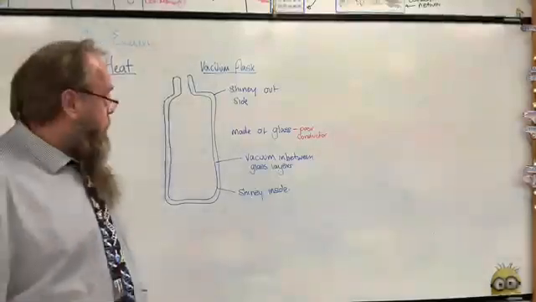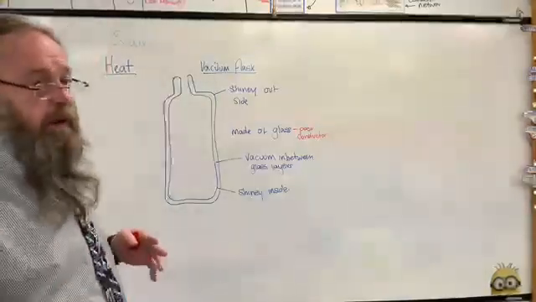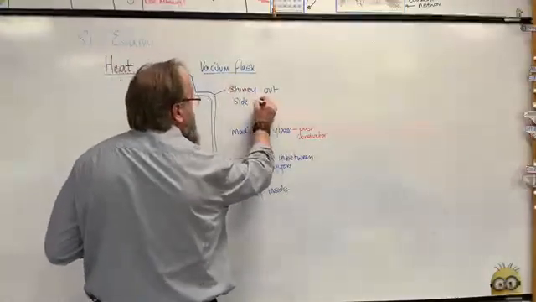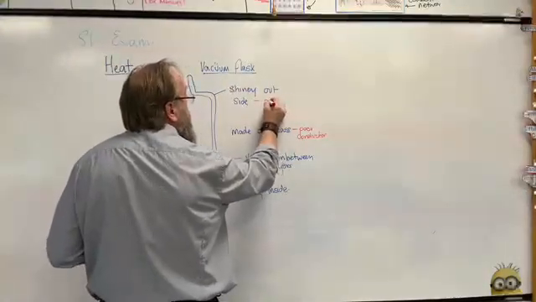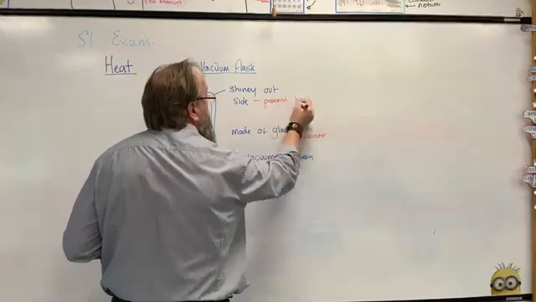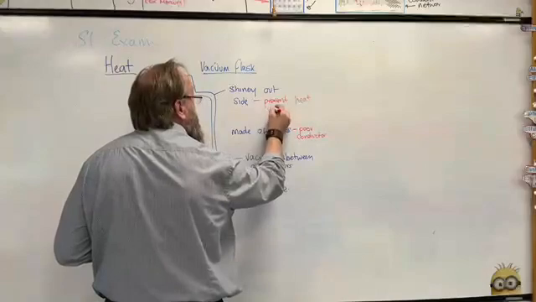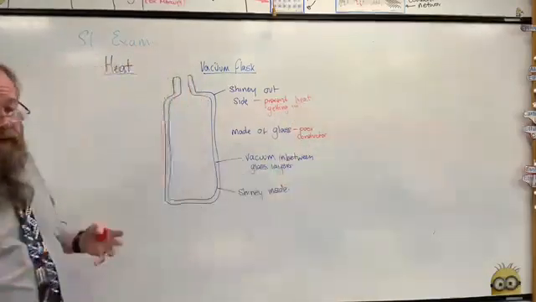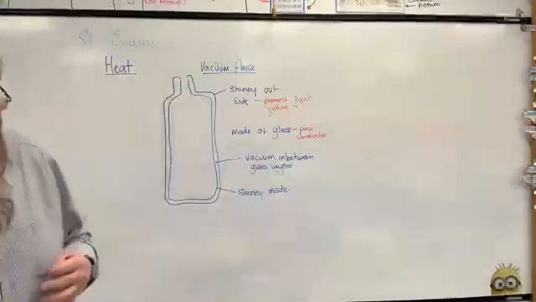Okay? So it's going to reduce the amount of heat that gets lost. It's shiny on the outside, and that is to prevent heat getting in, because shiny surfaces reflect heat, reflect radiation.